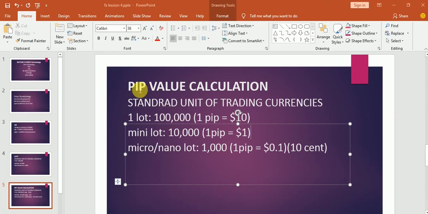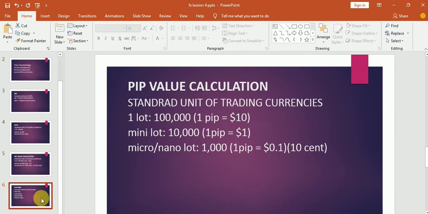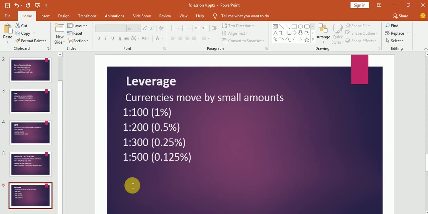We have talked about lot. So what actually is leverage? Okay, this is leverage. As I said before, currency moves by small amounts. So if you really want to make money, you need to buy that unit in a very large quantity, so that if there is any single rise, when you sell all the units you bought, you will make cash.